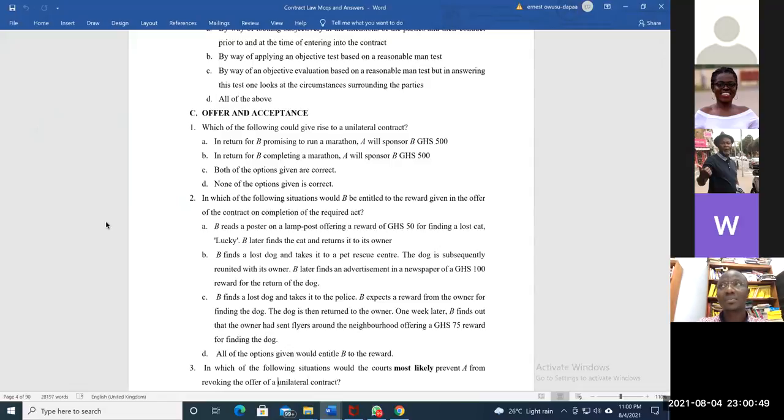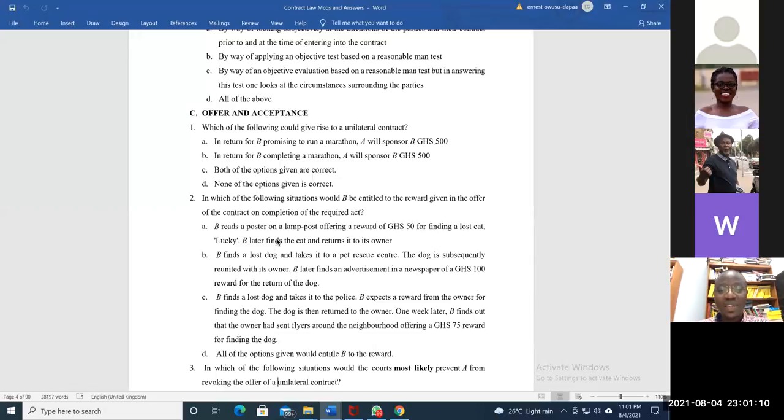That is for the bilateral. But with the unilateral, the offeror makes a promise for the offeree to actually perform something for him. So that's when we have Carlill and Carbolic Smoke Ball for the unilateral contract.